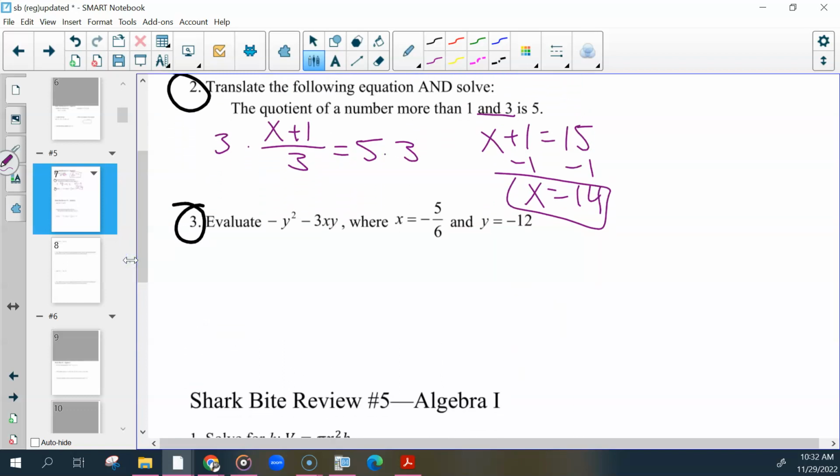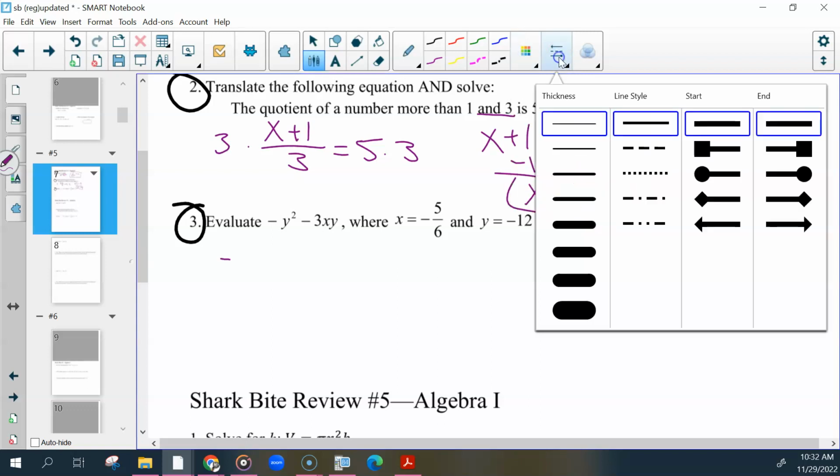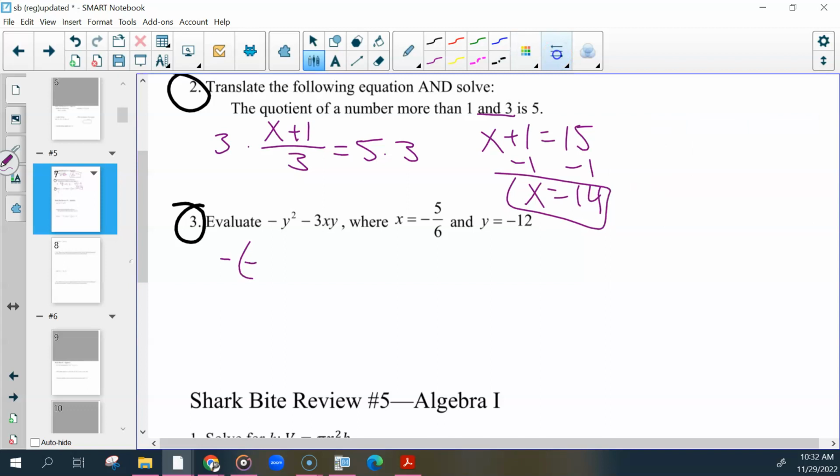For number 3, we are evaluating, substituting numbers into this expression. We have negative y squared, where y is negative 12, minus 3 times x, which is negative 5 over 6, times negative 12.